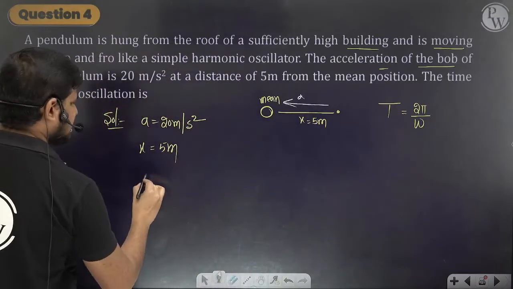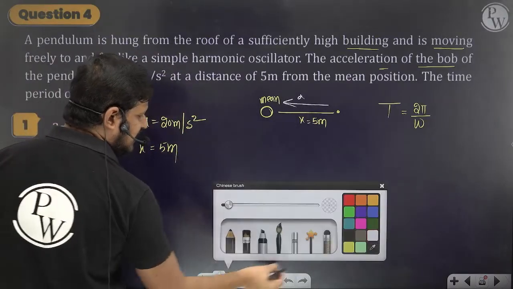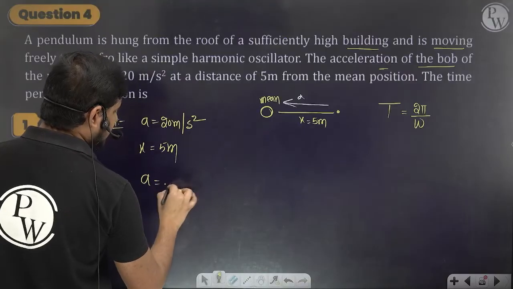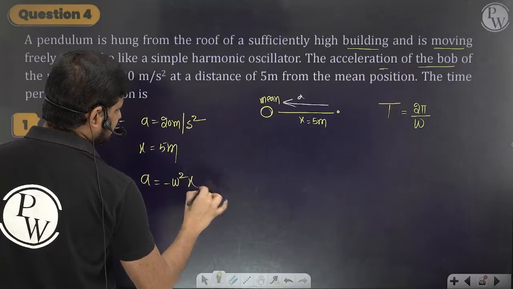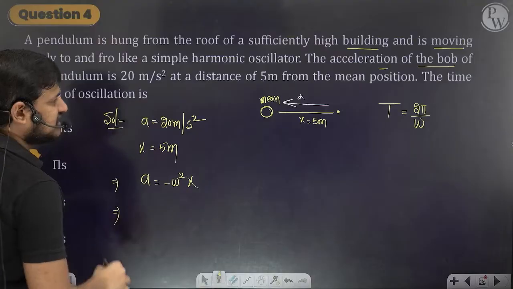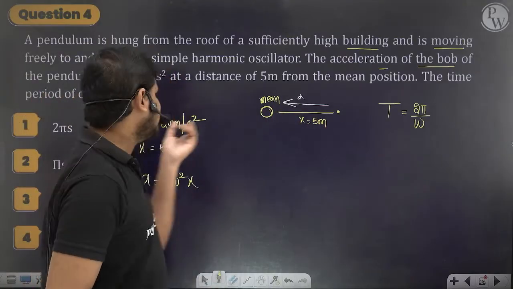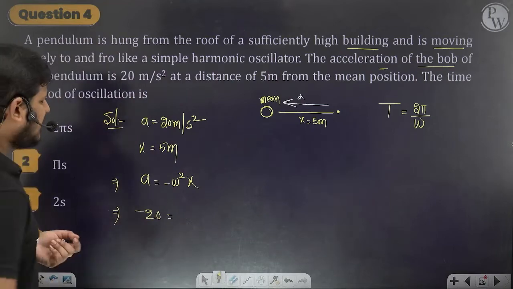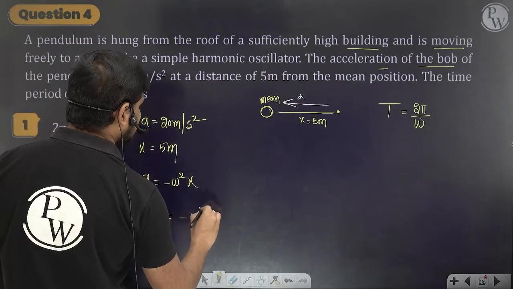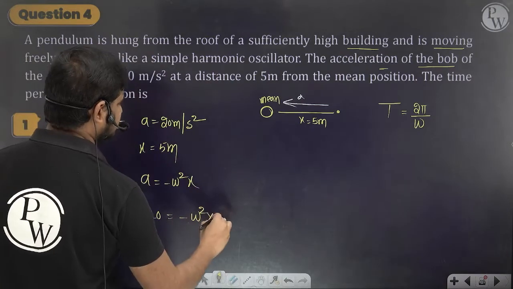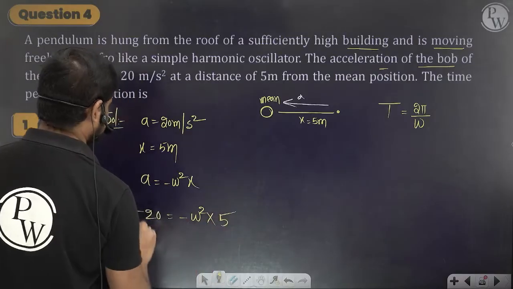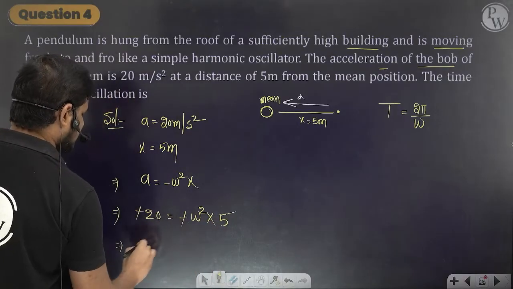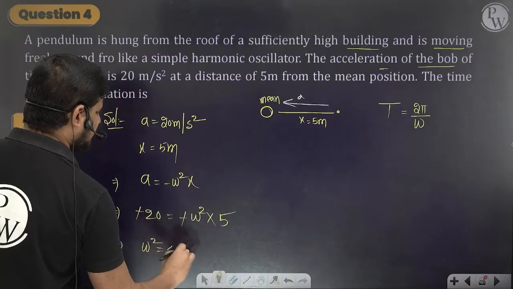So the acceleration equation that we know is a equals minus omega square x. Shall I take this acceleration as negative? a is minus 20, equals minus omega square into the displacement. What's the displacement? 5 meters. Minus minus cancel. Omega square equals 20 by 5, which is 4.